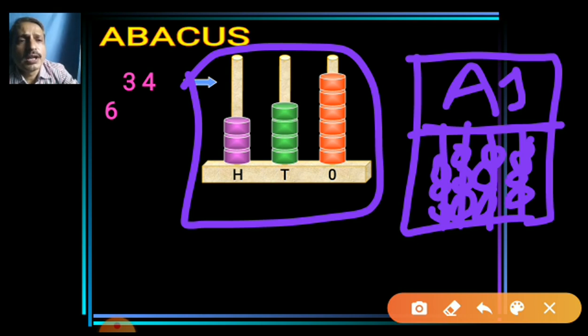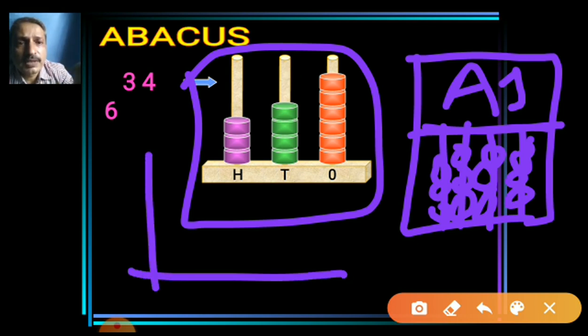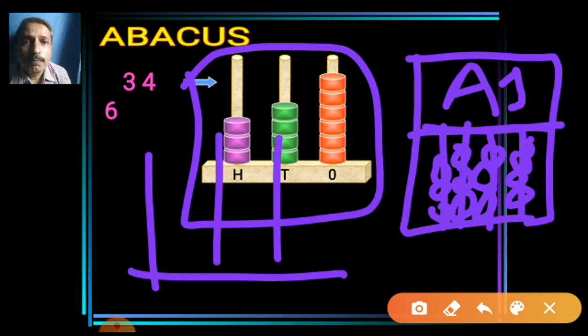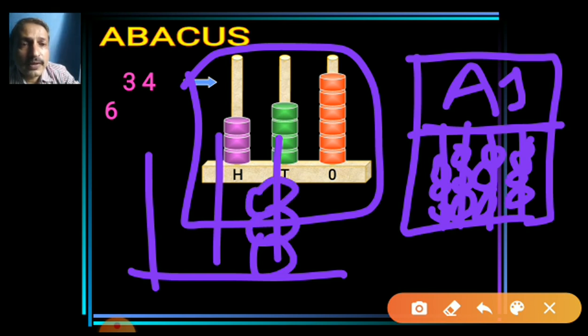Here nothing else is there, one wooden strip is there, that strip has the rod, or you can say stick. Here you have to add some beads. How many are there, students? 6 are there, orange color. 1, 2, 3, 4, 5 and 6.